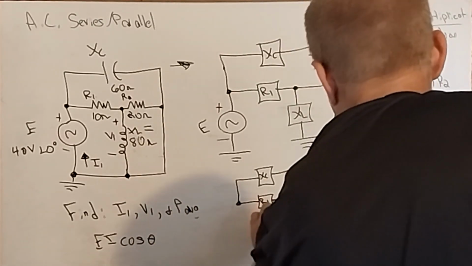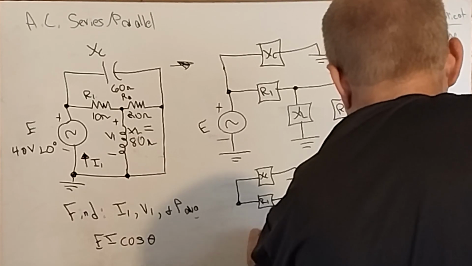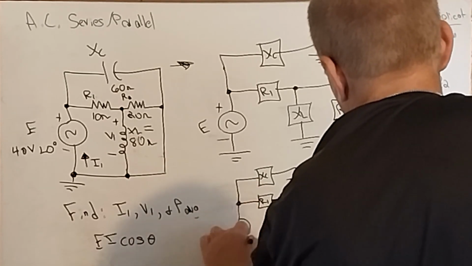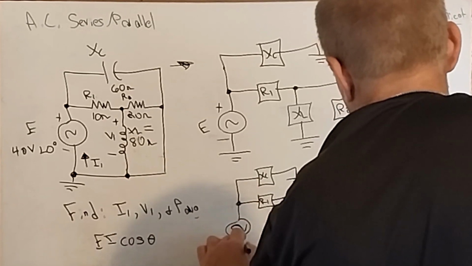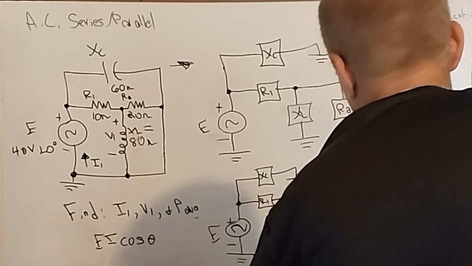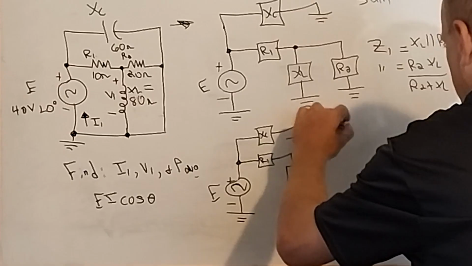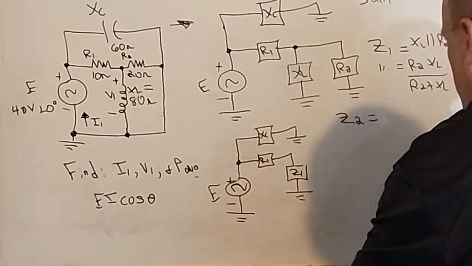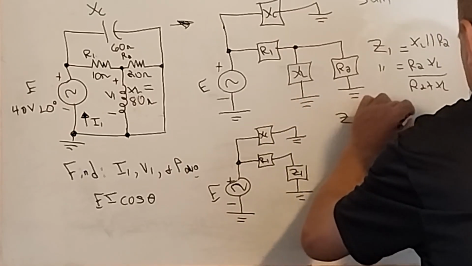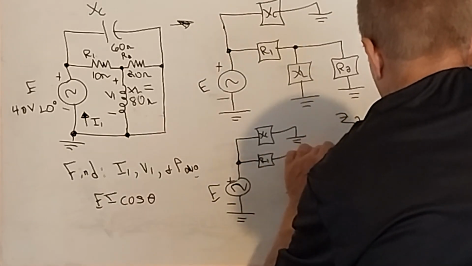And then this is going to be Z1. See how now they're in series. Now I can add these two together. So let's make that Z sub 2. Z sub 2 is going to be equal to R1 plus Z sub 1. And then we'll redraw this real quick again.